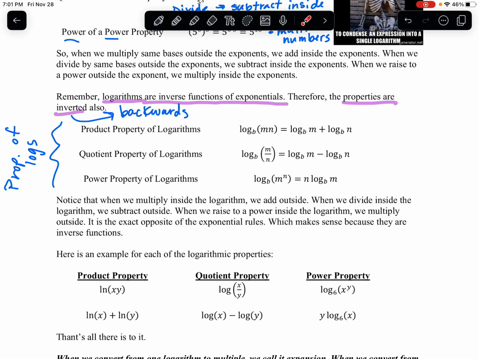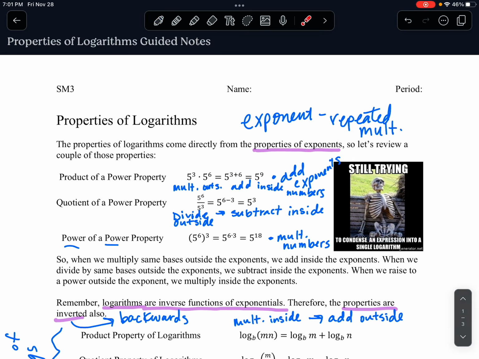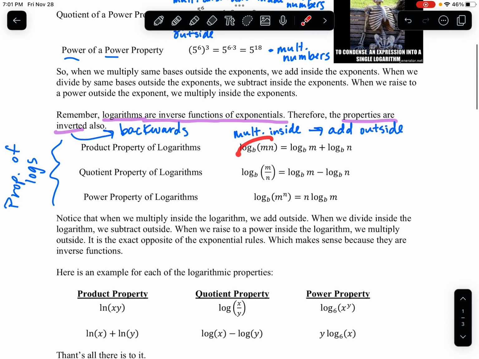When we have 2 things inside the parentheses that are being multiplied, so when we multiply inside, we add outside. Right, and over here we had 2 separate things that we're multiplying, and then we added to make it 1. Here, we're multiplying one thing, and then we add it to make it 2. So we're kind of doing it backwards. So here, the next one, we are dividing inside.